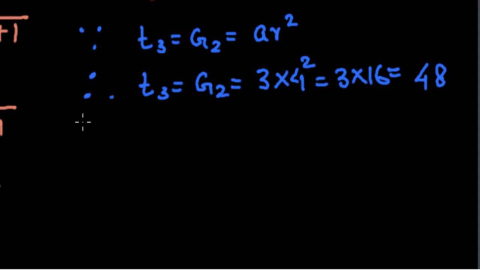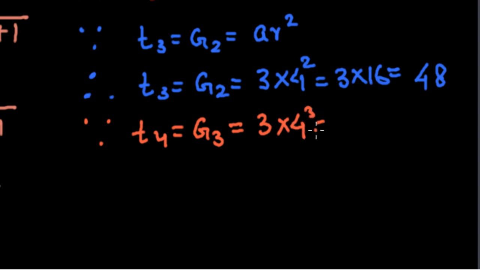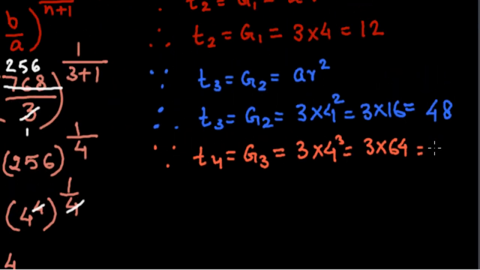Now, T4, which is G3, the third geometric mean, is 3 into 4 cube, which is 3 into 64, equal to 192.